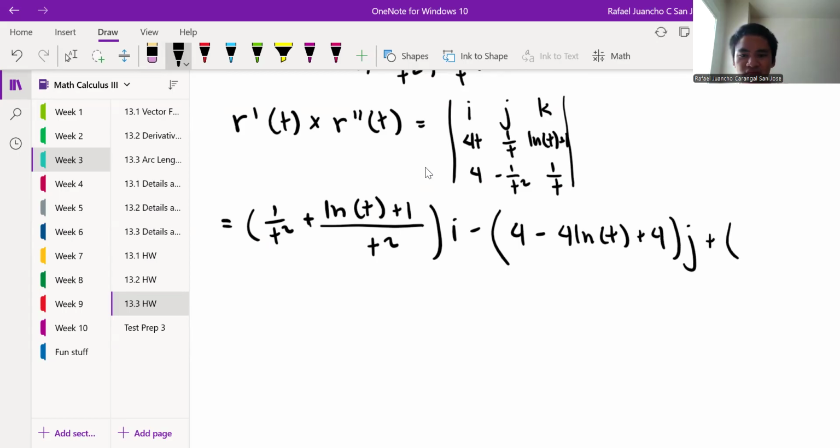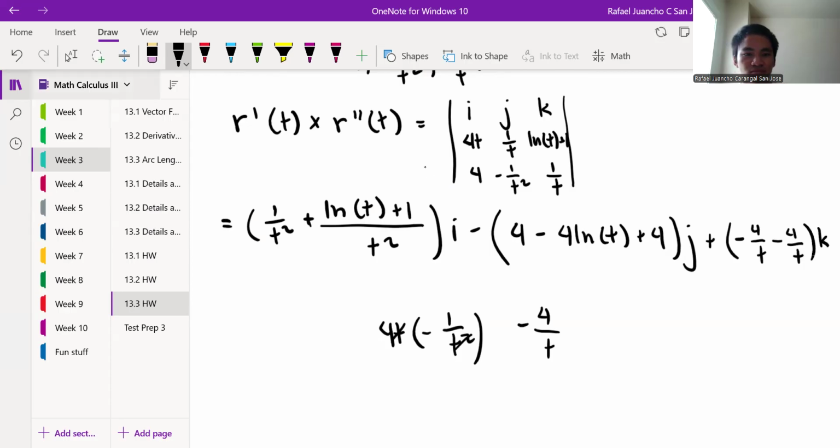When I take this out, I have, ooh, so I have this thing times this thing. So here I can take out my t, I get negative 4 over t. So I have minus 4 over t, subtract that to 4 over t. Oh, voila, I get 0. Oh, actually, I don't. Oh, no, I do. No, I don't. Because, yeah, 4 over t, I subtract. Yeah.